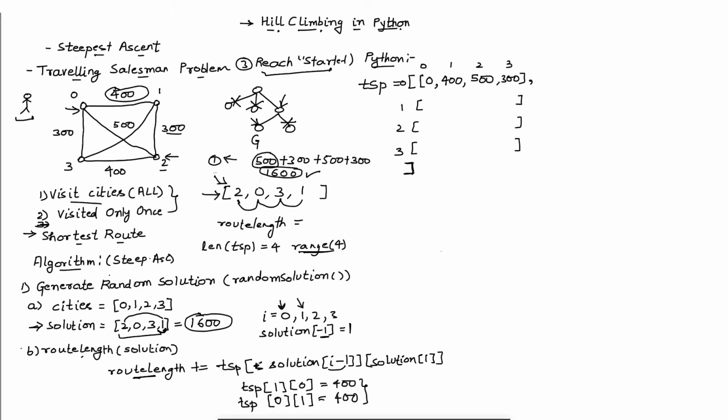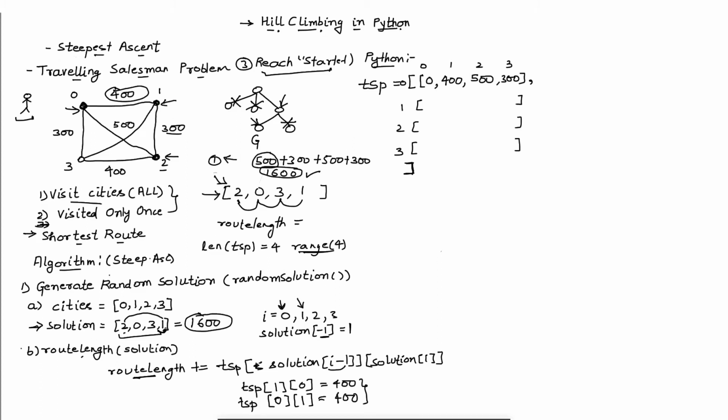The salesman started from 2, and then from 2 to 0 is 500, so it is going to append that value, and then from 0 to 3 is here, and then 3 to 1 is here, and you can see the last root remaining is the root between the first and the last element of the solution, right?